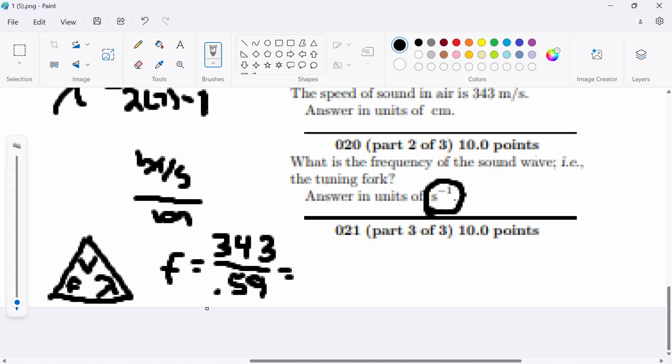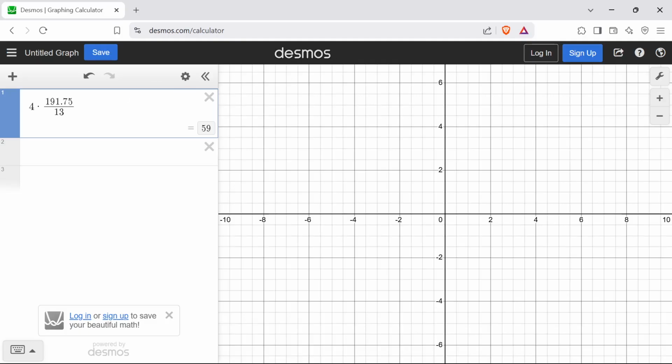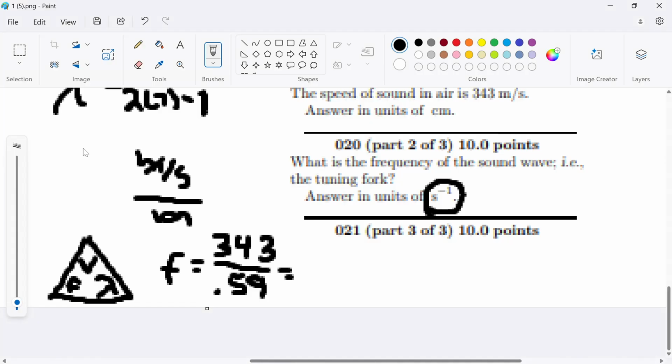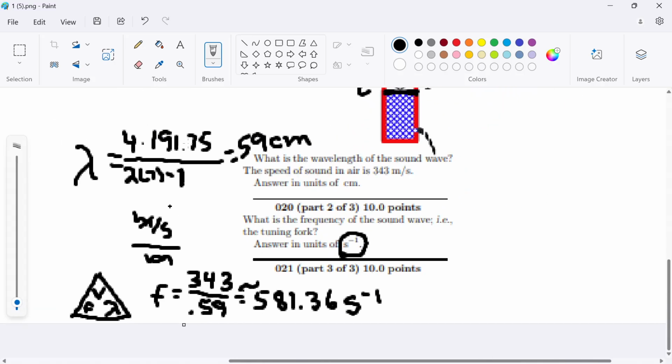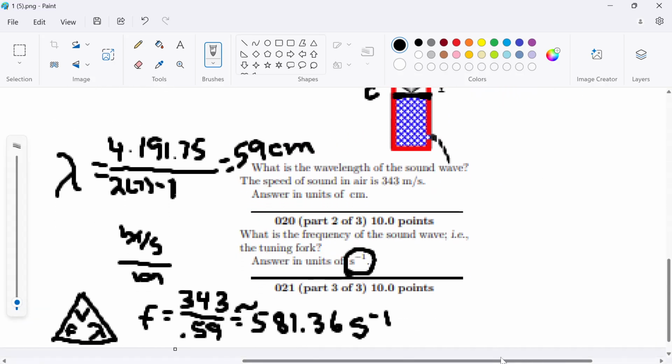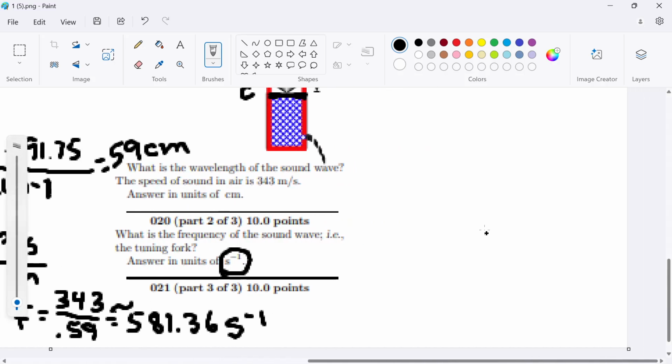And that's going to equal 343 divided by 0.59 equals 581.36 approximately. I had to round it. 581.36 seconds to the minus 1 power, or hertz, whichever one you want. This one asks for seconds to the minus 1 power, 1 over seconds.